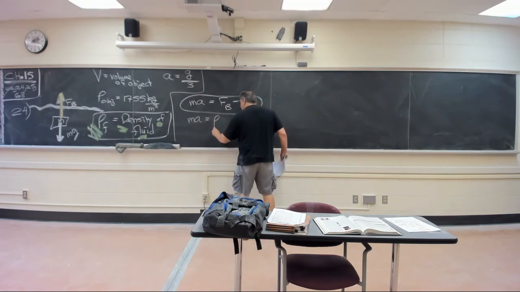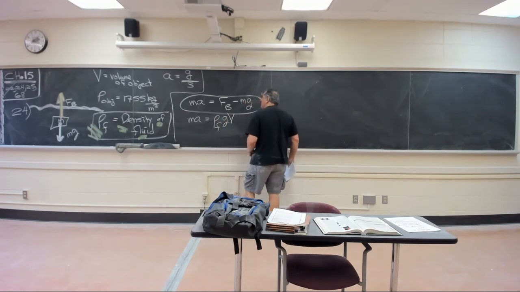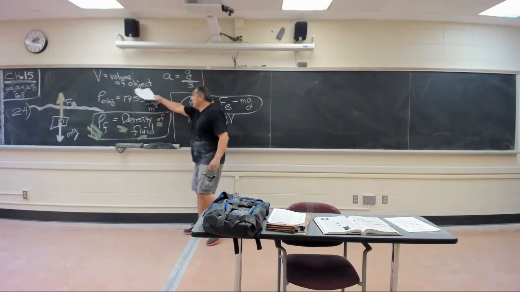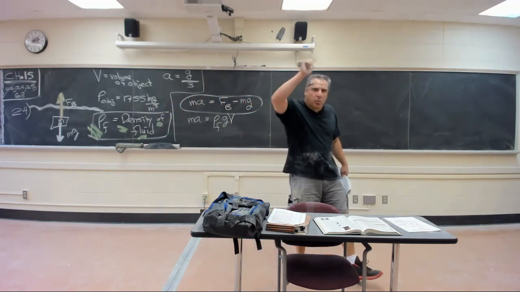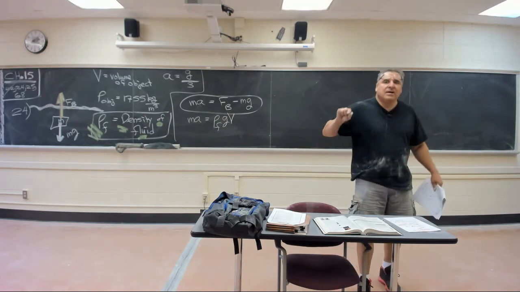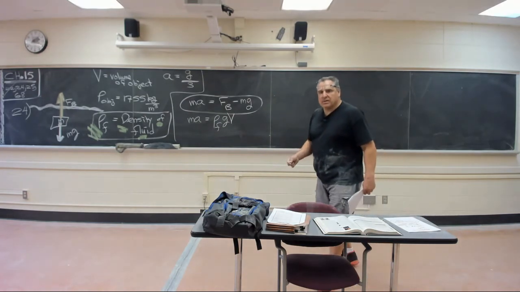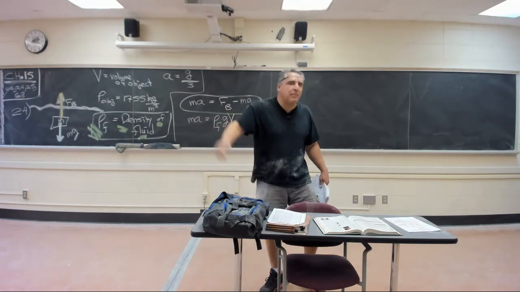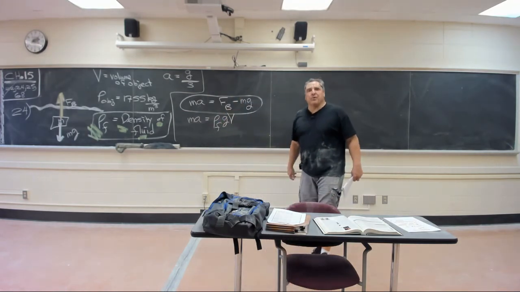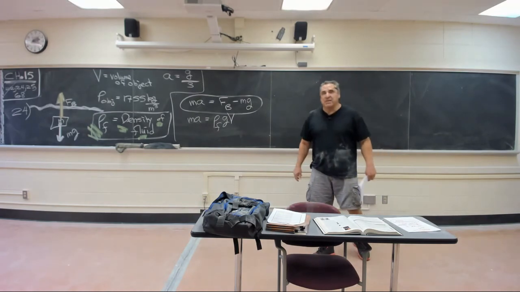The buoyant force is the density of the fluid times G times the volume of the object. Density of fluid times volume of the object, which displaces V amount of fluid. The V amount is the volume of the object. The volume of fluid displaced is equal to the volume of the object.